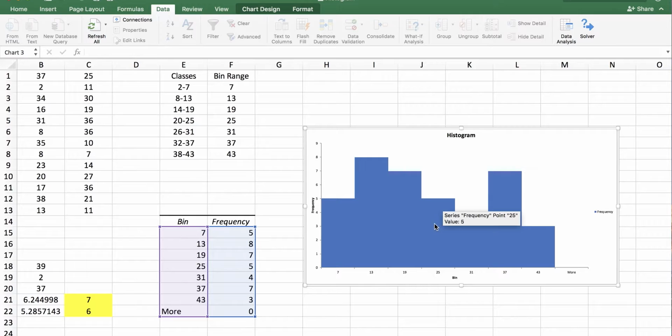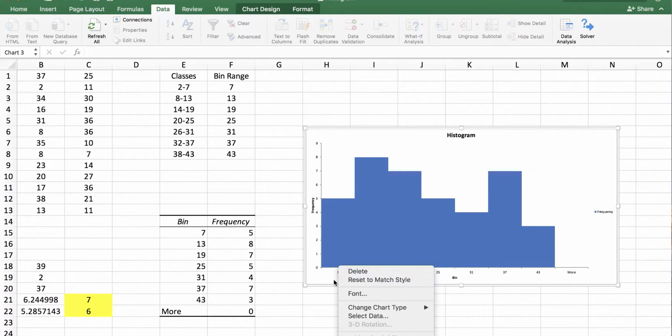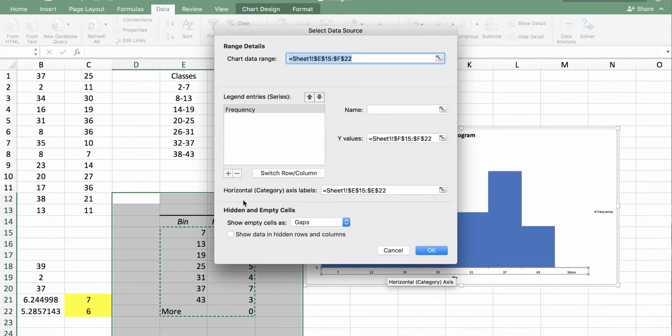Okay, so I have my histogram. One other thing that I'm going to change is the x-axis labels, because what I'm seeing right now is the bin values, bin ranges that I provided. But I want to fix it by clicking on just one of these numbers and then select data. And you will see that I have an option of horizontal category axis labels. Clear it, okay?